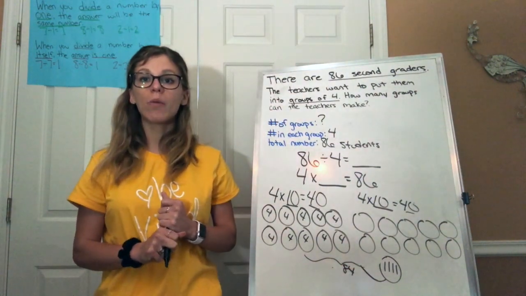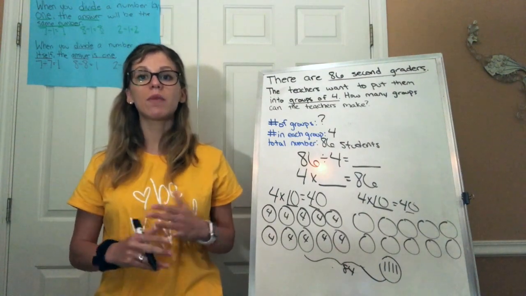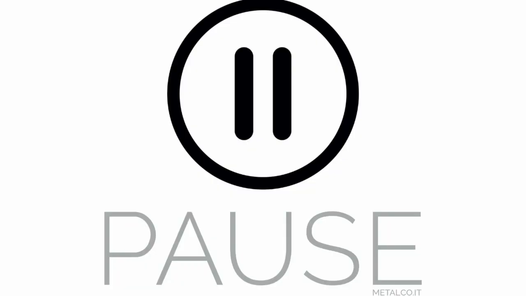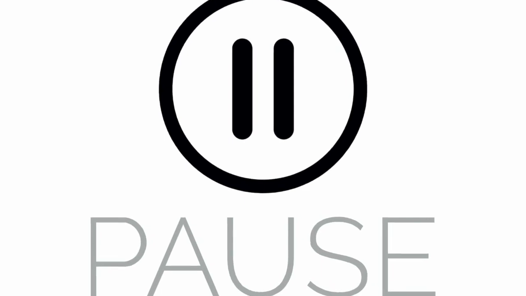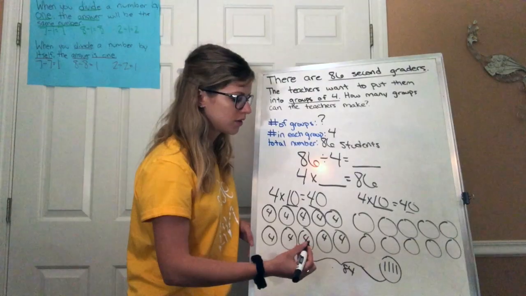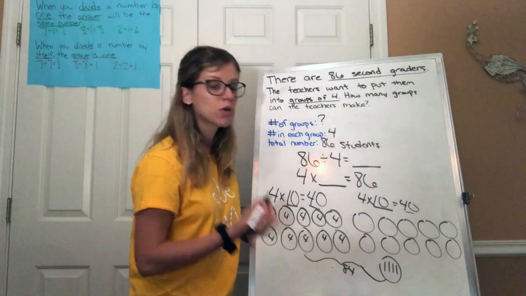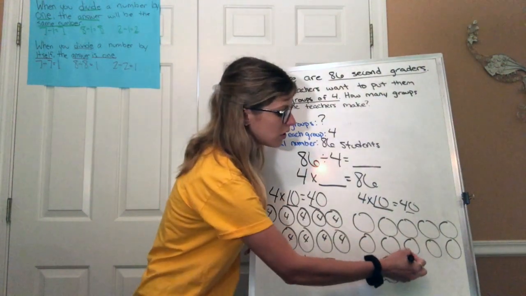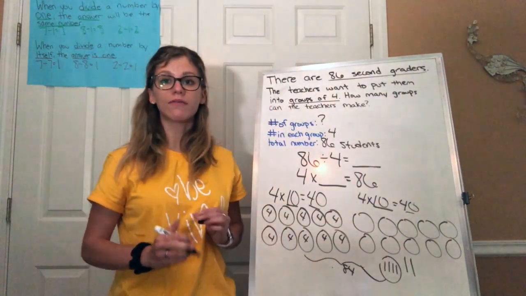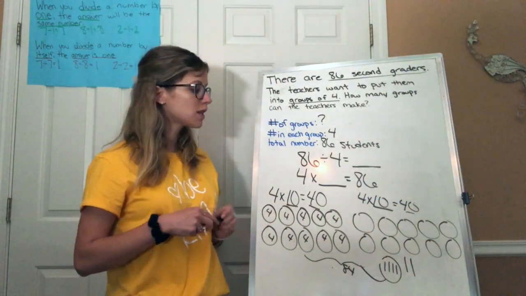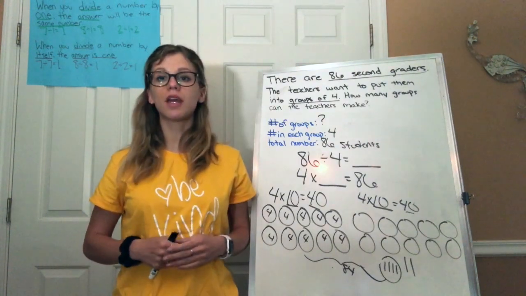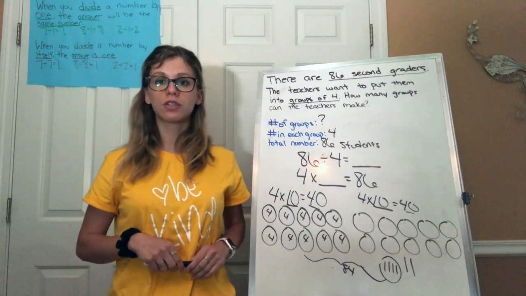So now think about how many do I have left and can I put them in a group of 4? So I would still have 2 students that are left over. Pause me and think about how many groups did I just make with 4 people in each?